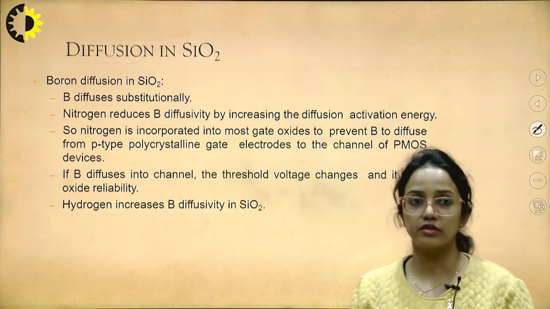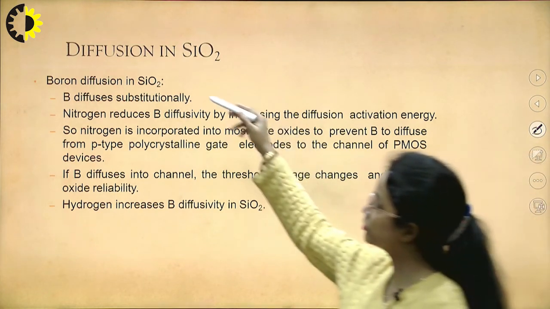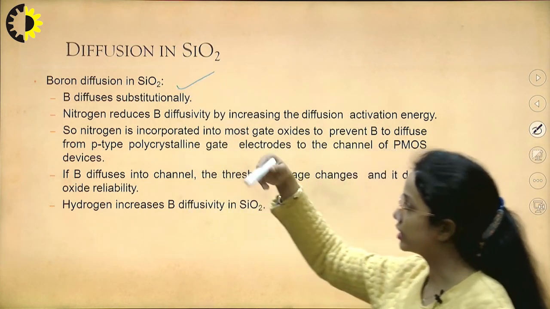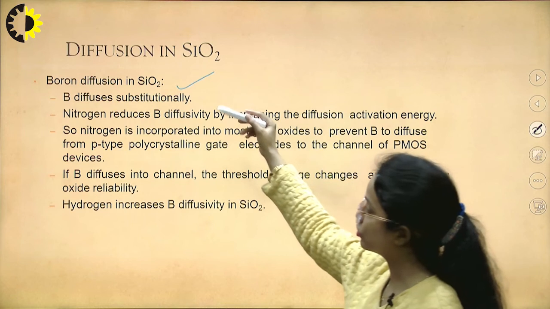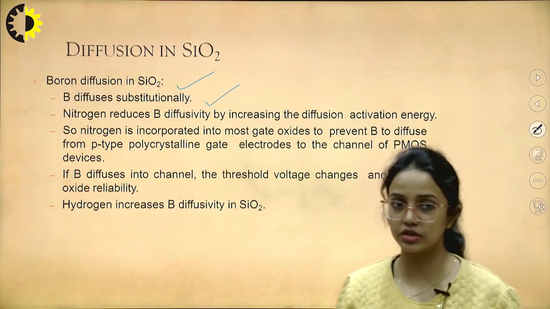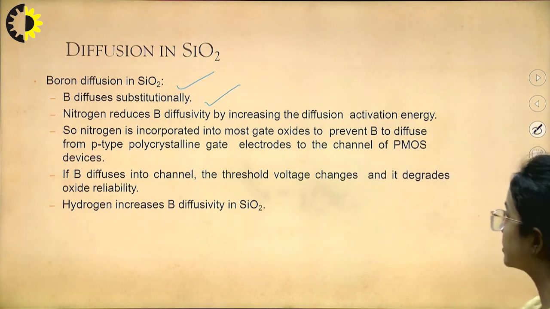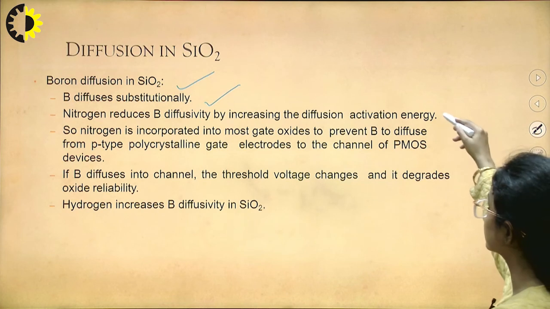So again, we have to see diffusion in silicon dioxide. For boron diffusion in silicon dioxide, we have to study some features. Boron diffuses substitutionally, so there is no interstitial diffusion here. Nitrogen reduces boron diffusivity by increasing the diffusion activation energy.